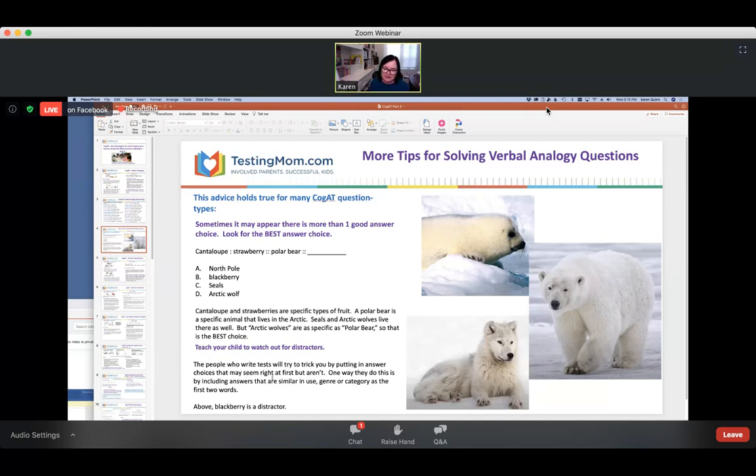So for example, they'll come up with answer choices that might be very similar to the first two, or even just similar to this one, but not an analogous relationship. And in this example, blackberry is a distractor, because if you weren't thinking and you were going really fast, you might see cantaloupe, strawberry, blackberry, and you would pick it. And that's a distractor. And you just want to watch out for those, okay?